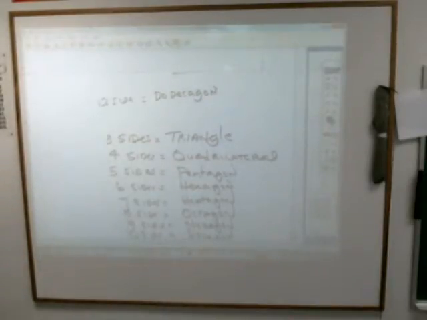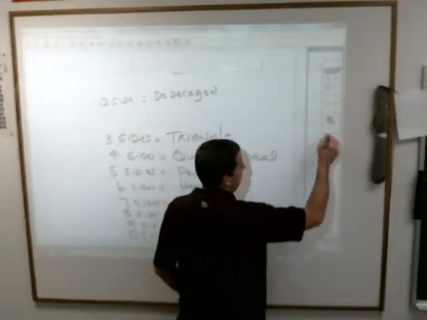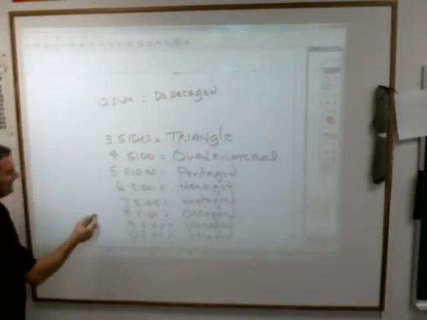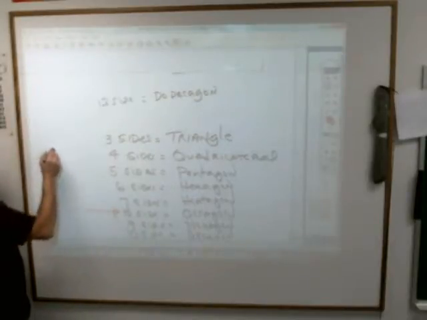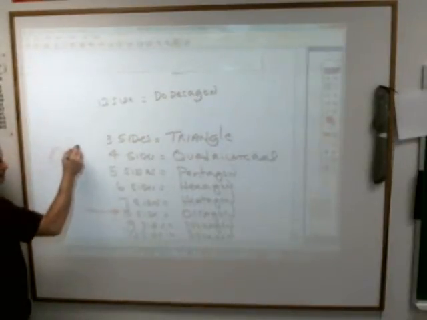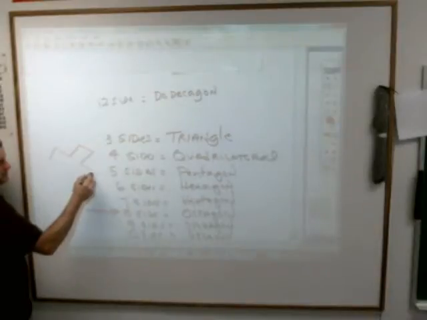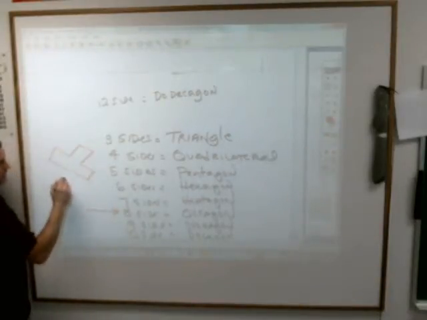Now it's important to remember with polygons that, for example, any eight-sided shape is really an octagon. In other words, you could sit here and go 1, 2, 3, 4, 5, 6, 7, 8. This is an octagon.